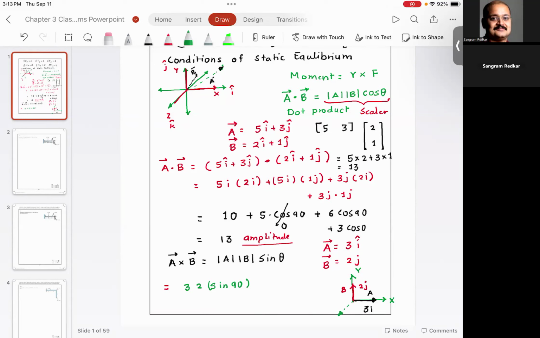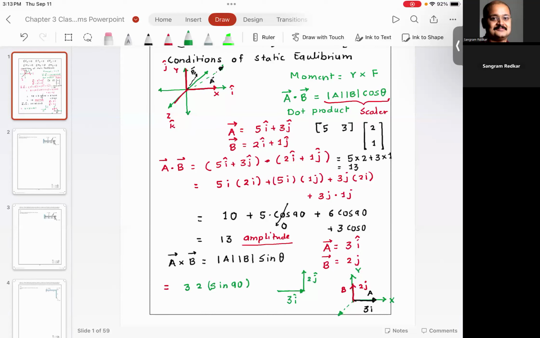So I can rewrite this as 3i times 2j, and I need to find the cross product of i and j.